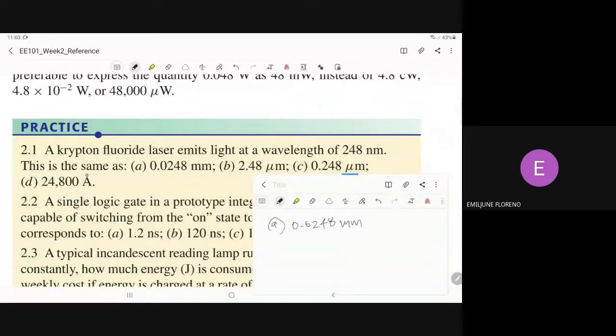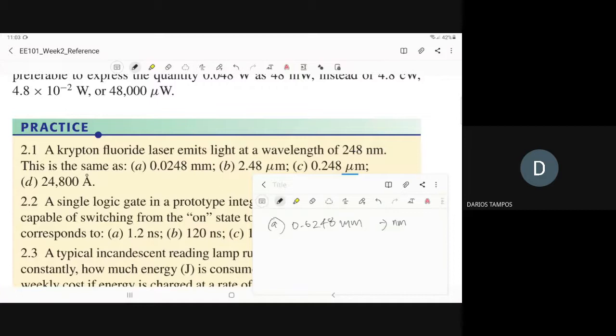We convert it to nanometers. Nano. What is the exponent of nano? Negative 9. And the exponent of 6, negative 6? Micro. Very good.